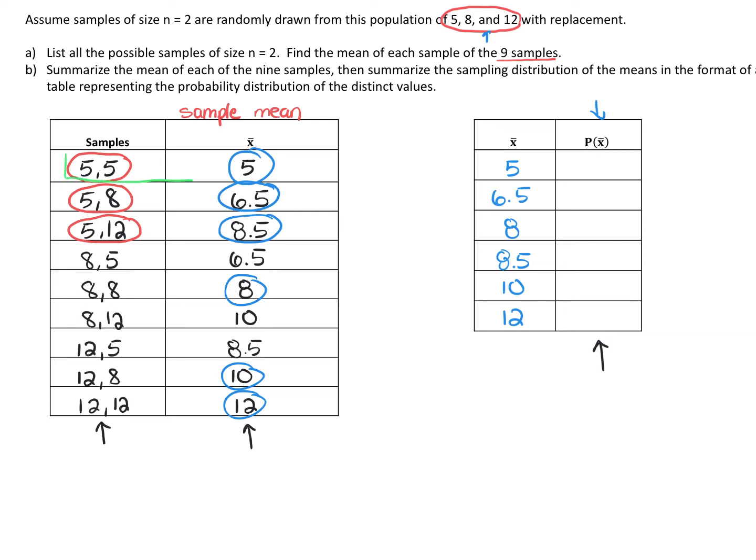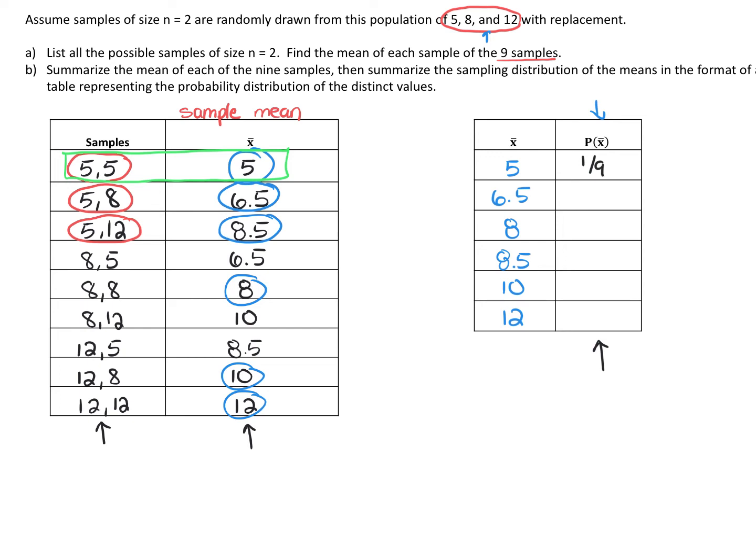The only way I can get a sample mean of 5 is if I get the sample that contains the number 5 and 5. And so there's only one way of getting that sample out of 9 possible ways of getting a sample of size n equals 2. So the probability for getting a sample mean of 5 is 1 out of 9.